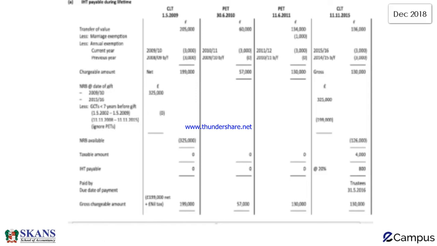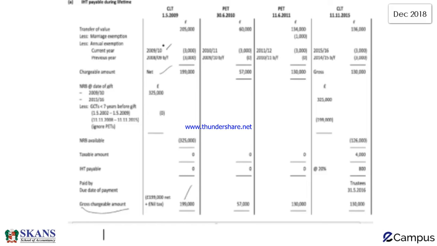As there are no taxes, the net of tax chargeable amount and gross of tax chargeable amount would be the same. The next PET which he made was of 60,000, but as we can see, there was a transfer in tax year 2009/10, so we will be able to deduct one exemption.